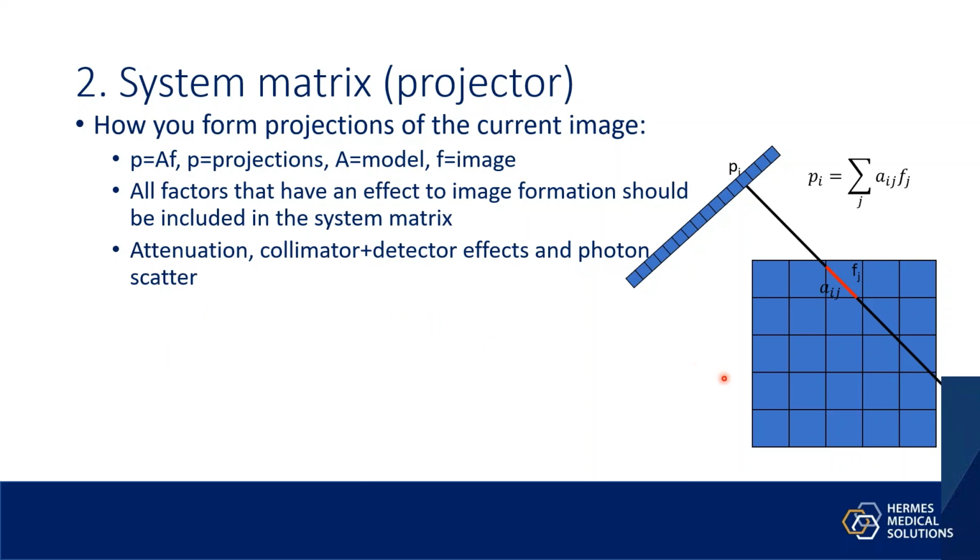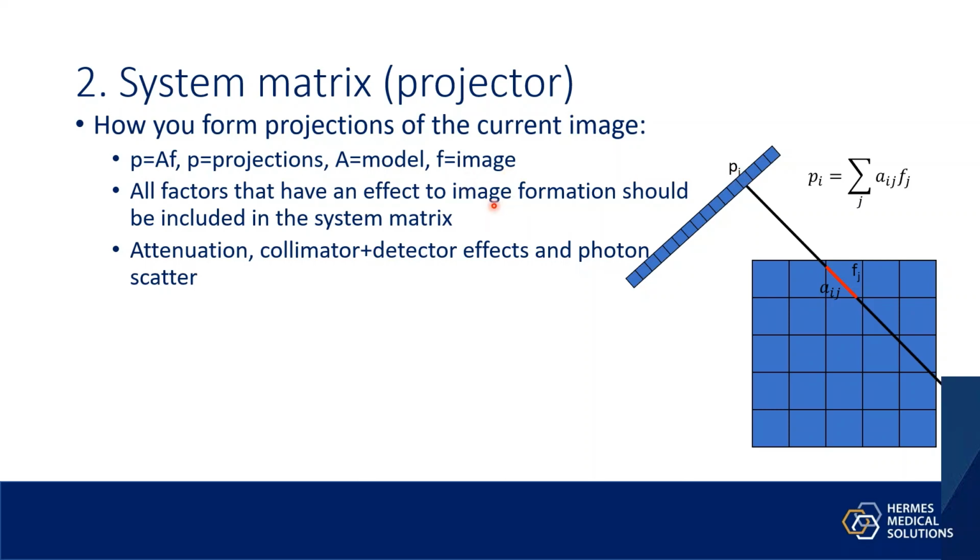What the elements of the system matrix tell us is the contribution that the image voxel j has on the projection pixel i. So what is the probability that a photon emitted in here will be detected in a projection pixel in here?